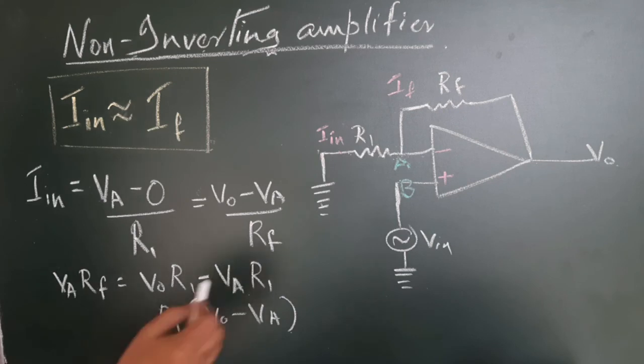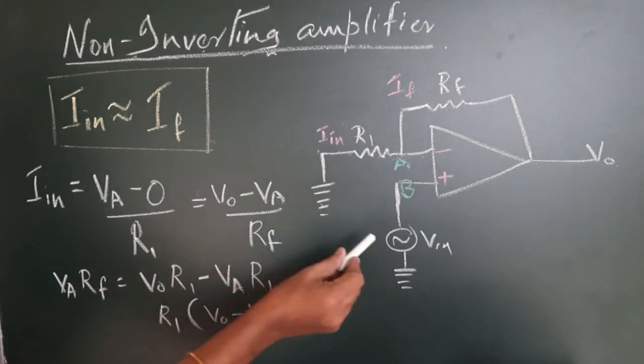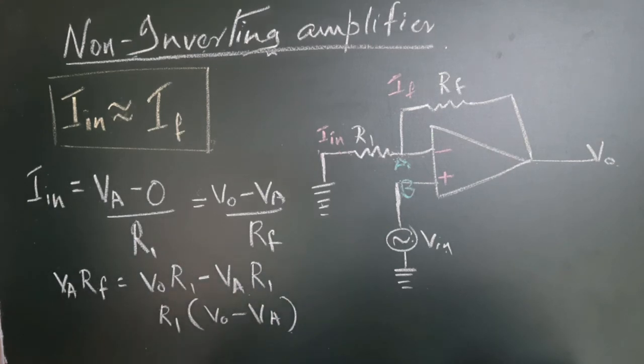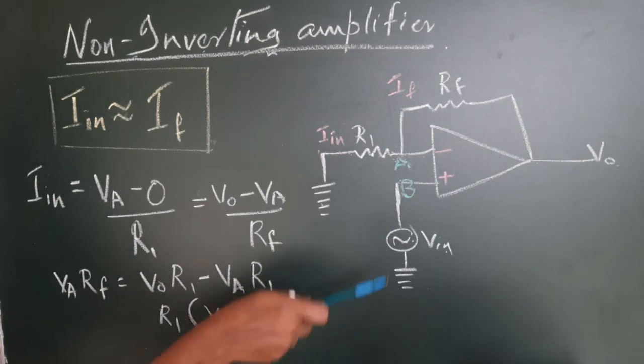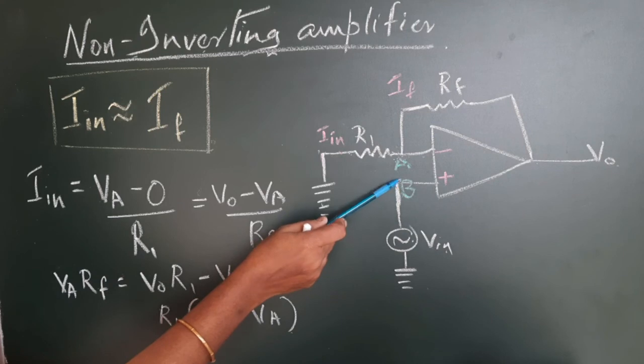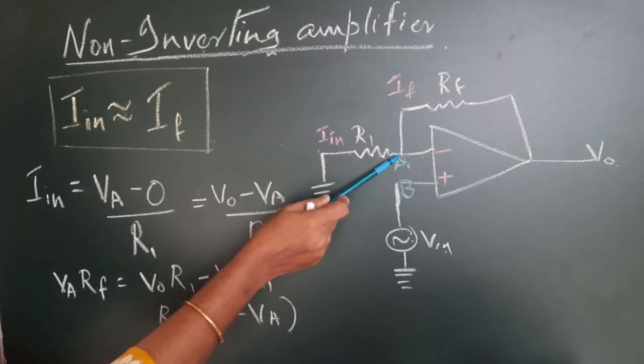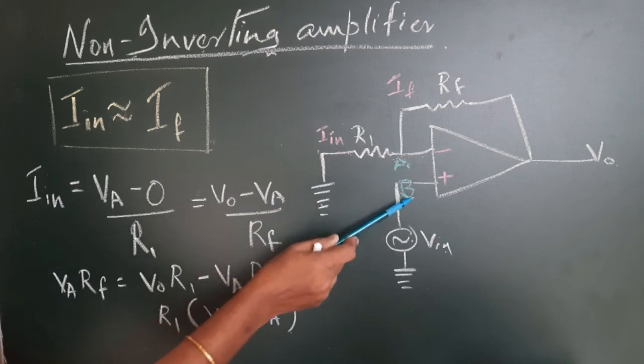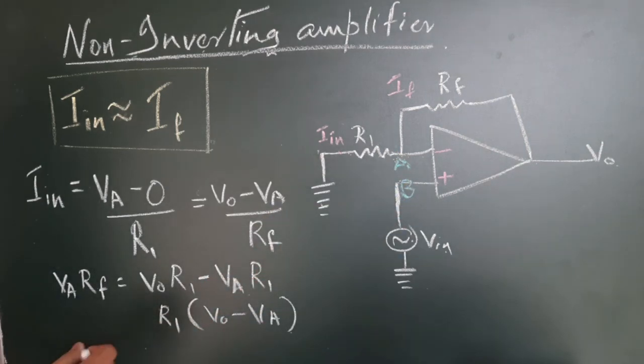At this point we can substitute V in for VA. We have the justification that this potential V in will be the same potential at this point because A and B are at the same potential.